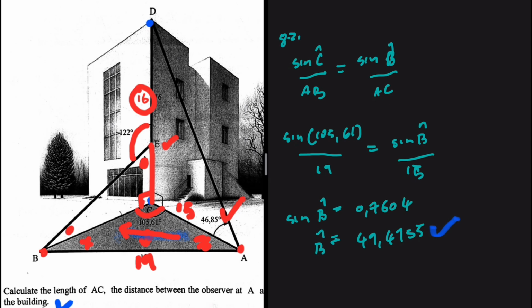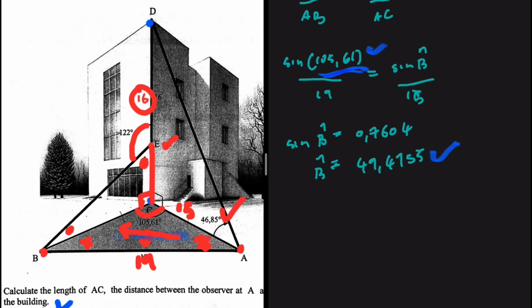This is the size of angle C, so we should be able to find the size of angle A. Angle A is going to be 180 minus 105.61 minus 49.4955.